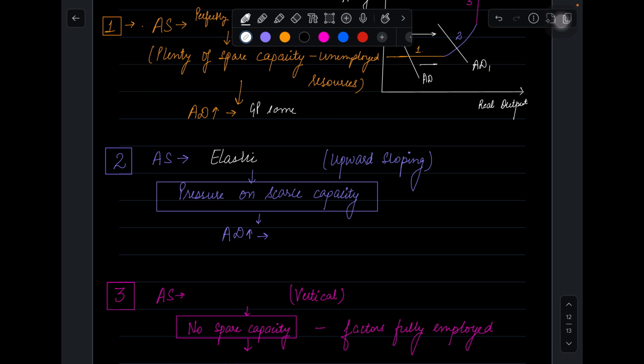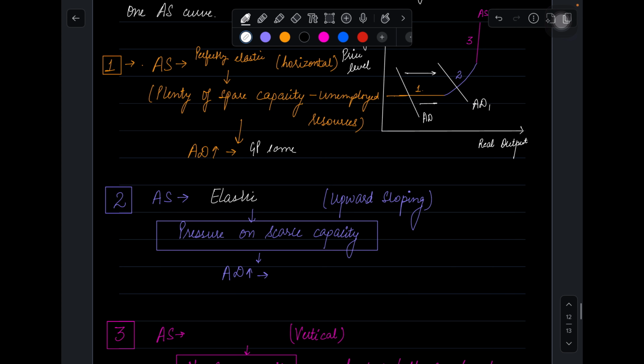That means spare capacity has started to decrease. So here, if the aggregate demand increases to this level, aggregate supply will obviously increase, increasing the quantity, but the general price will increase. Here quantity will also increase, here also quantity will increase.